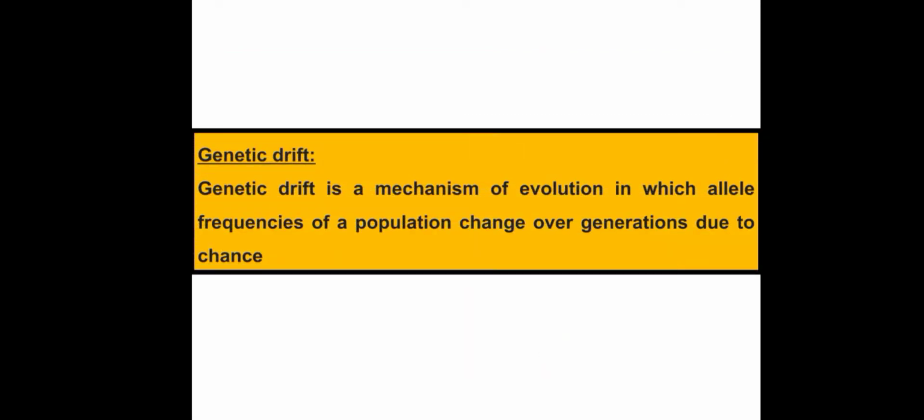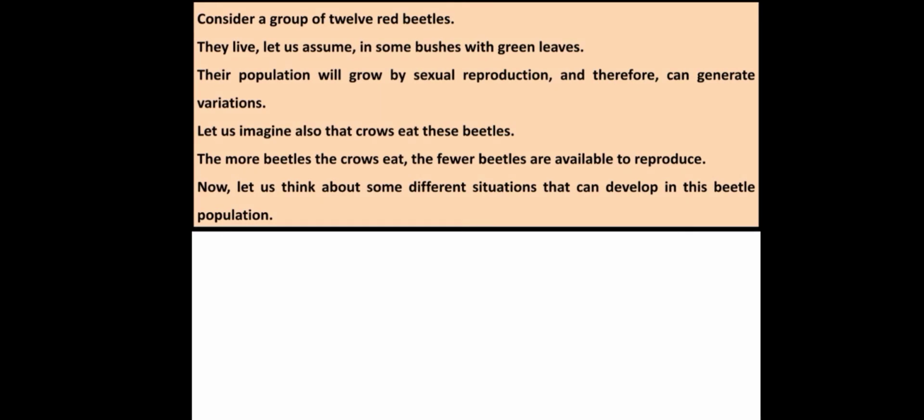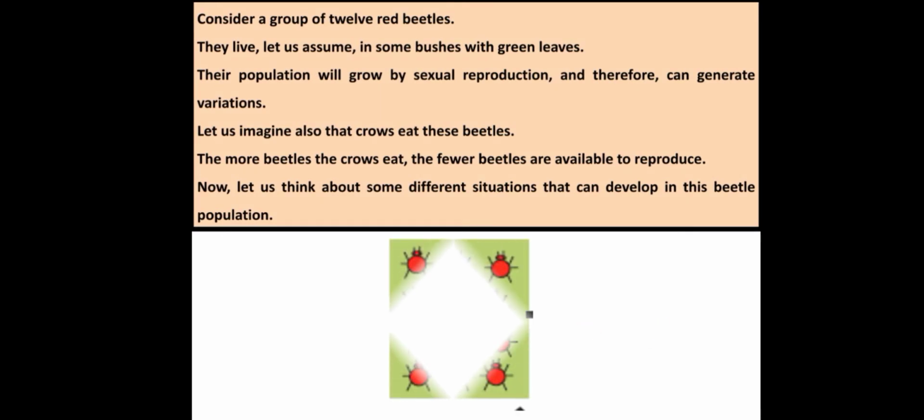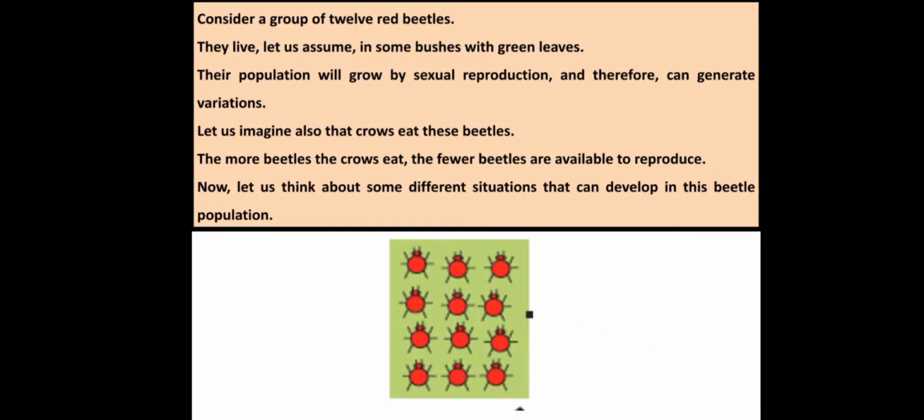Genetic drift. Genetic drift is a mechanism of evolution in which allele frequencies of a population change over generations due to chance. Consider a group of 12 red beetles. They live, let's assume, in some bushes with green leaves.